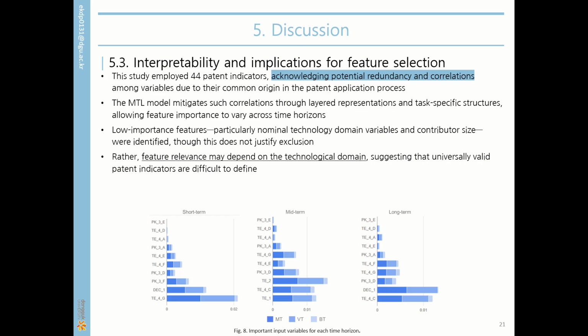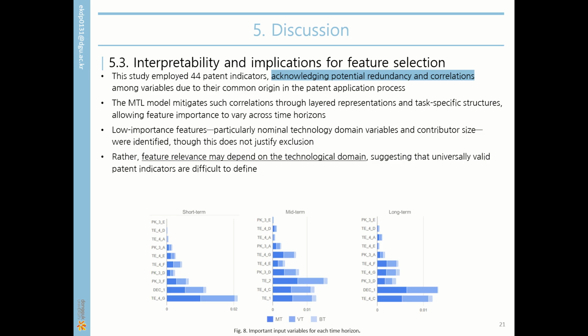The study used 44 patent indicators, although some redundancy and correlations may exist because these variables originate from the patent application process. The MTL model can mitigate these correlations by learning layered representations and allowing feature importance to vary across different time horizons.